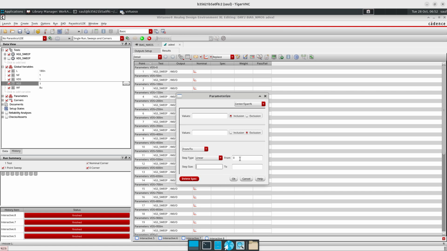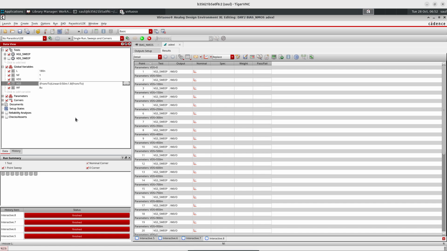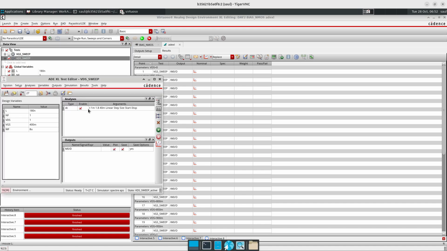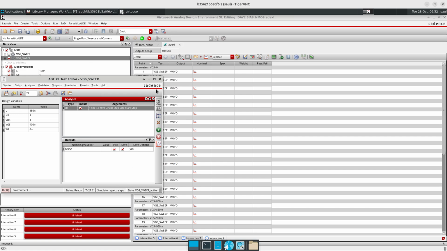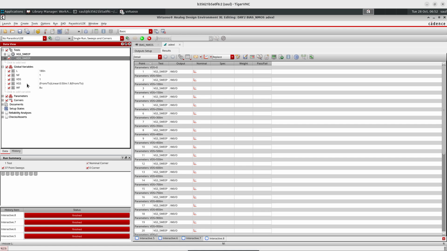Let's start at 0. The step size, let's say 50 millivolts, up to 1.8 volts. So in this one, I am sweeping the VDS voltage in the internal sweep, and in the external I am sweeping VGS here. So we run the simulation.